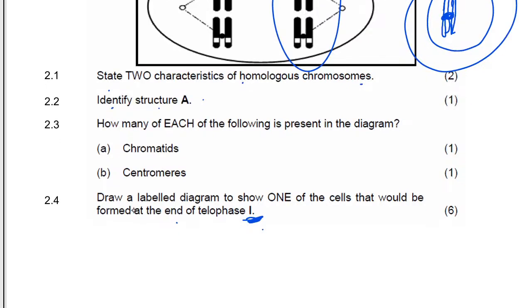Yes, you label. So you draw a cell, you draw the 2, and then you shade the way it is shaded there.